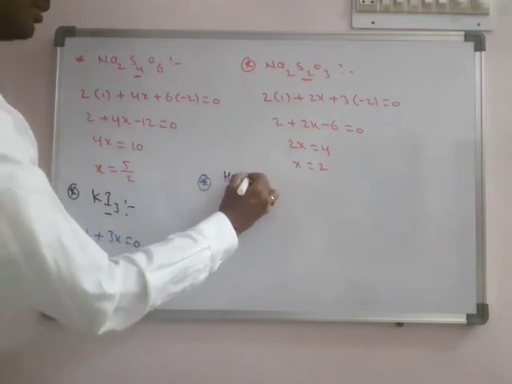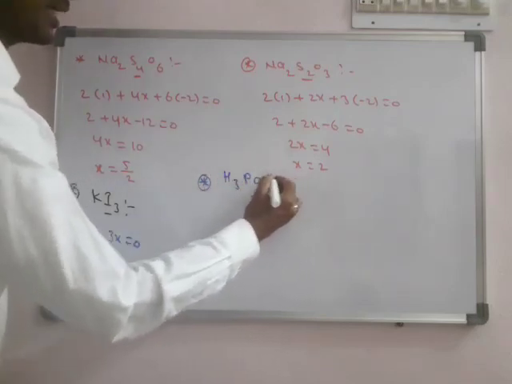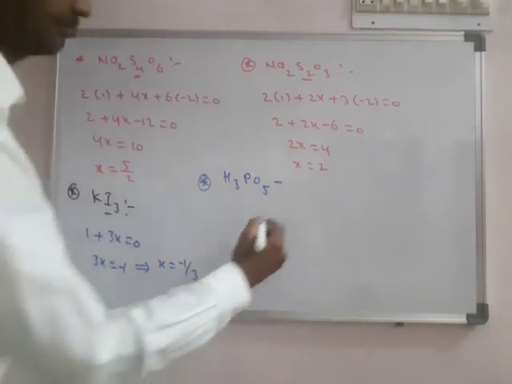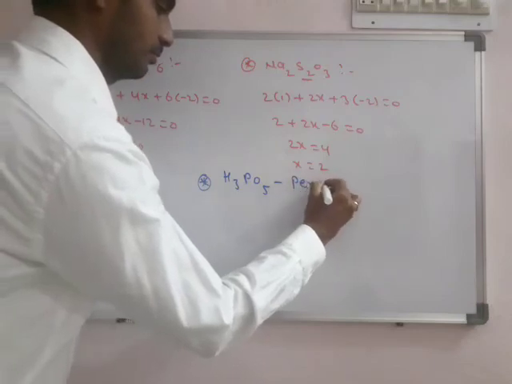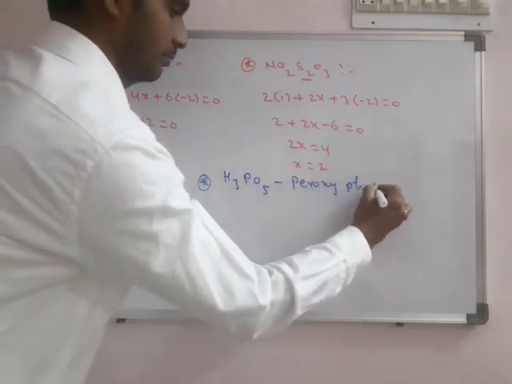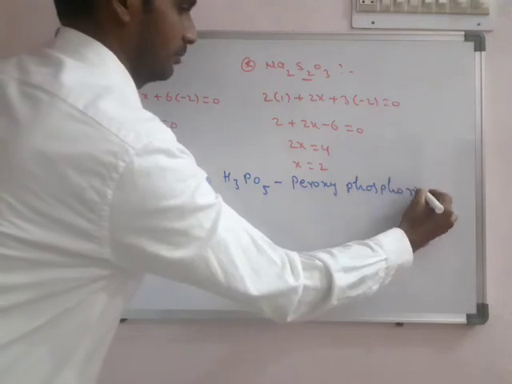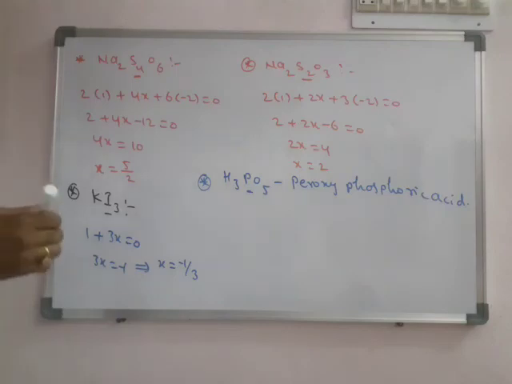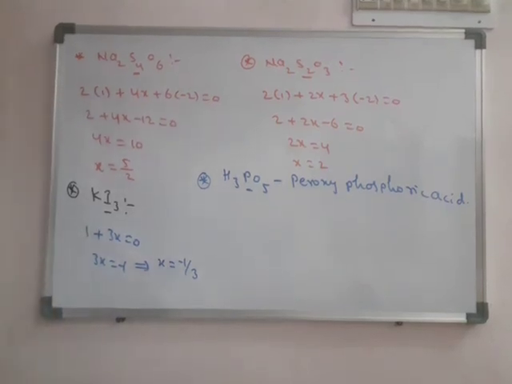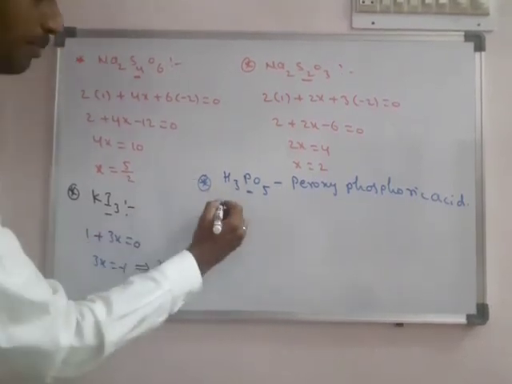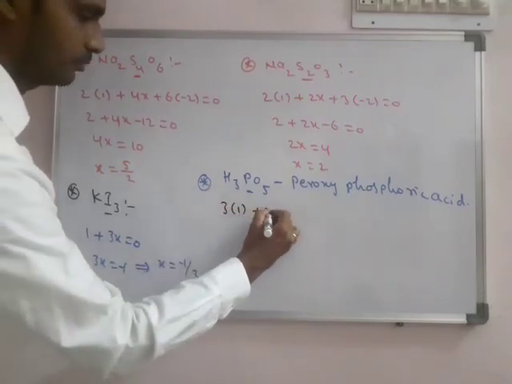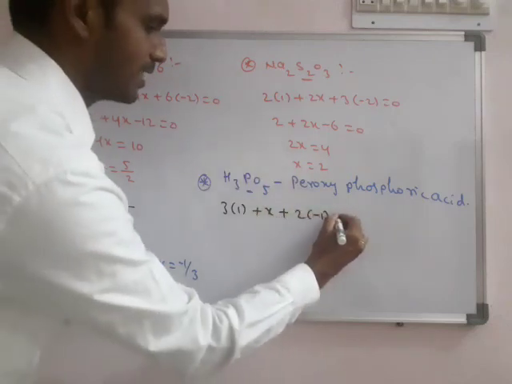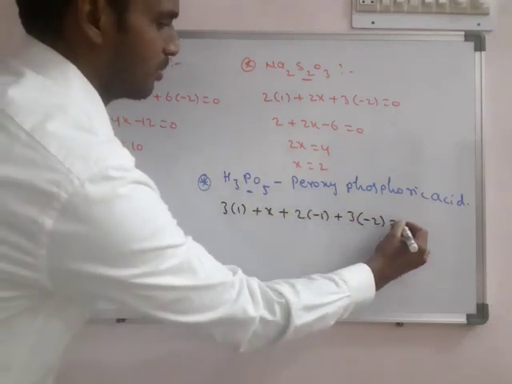One more important one, H3PO5. What is the name of this compound? It is peroxy phosphoric acid. So it is also having one peroxy bond. Already I said that we have to remember these compounds. X, 5 oxygens, with 1 peroxy bond, 2 oxygens are minus 1, and the remaining 3 oxygens are normal, minus 2.